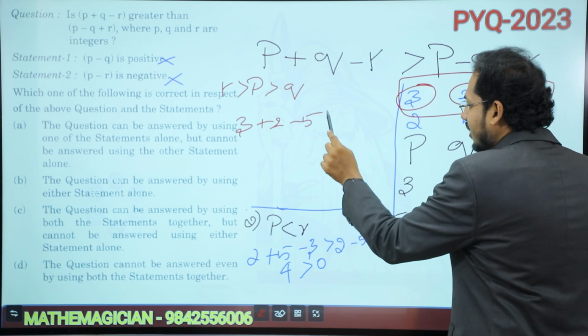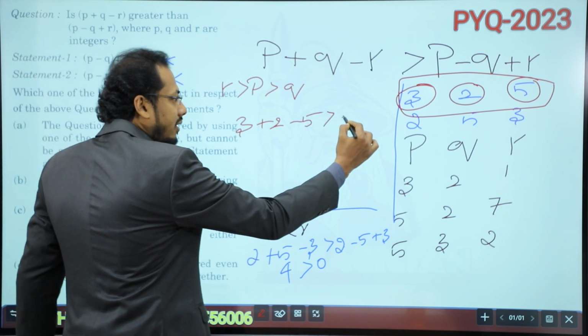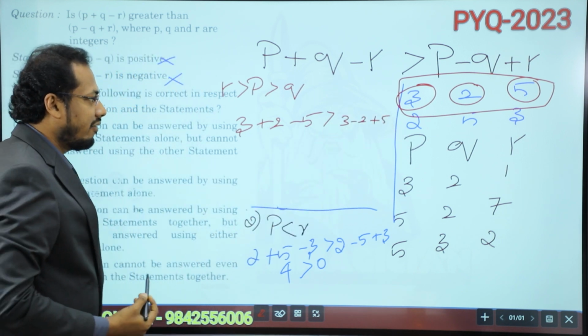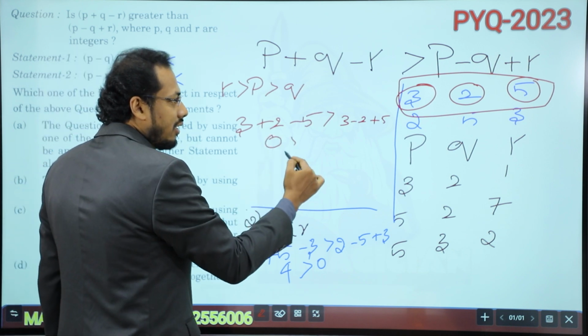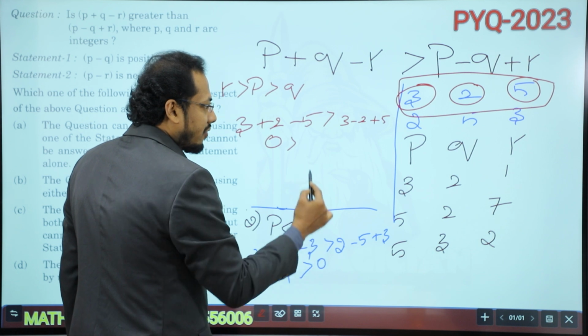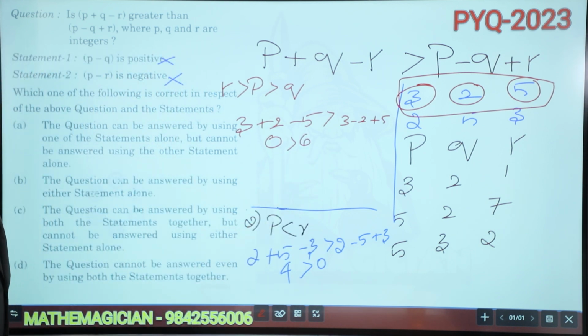Same thing, it should be greater than, look at this, same numbers, 3 minus 2 plus 5. So 3 plus 2 is 5, 5 minus 5 is 0, and here 3 minus 2 is 1, 1 plus 5 is 6. Right? So it is not greater.